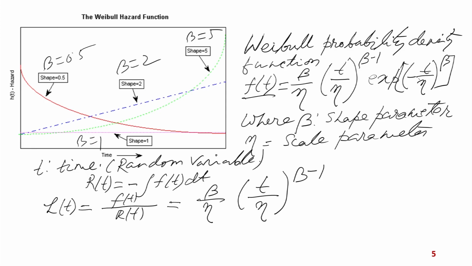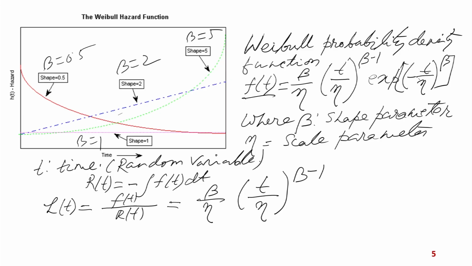When beta is equal to 1, it is a straight line. Whenever beta is less than 1, it is decreasing, and the increasing case you will get when beta is more than 2.